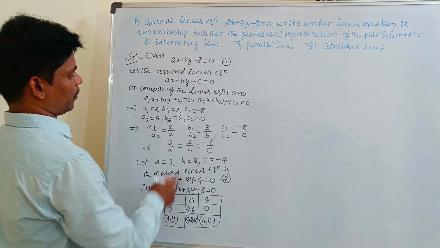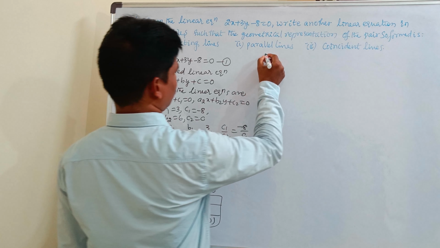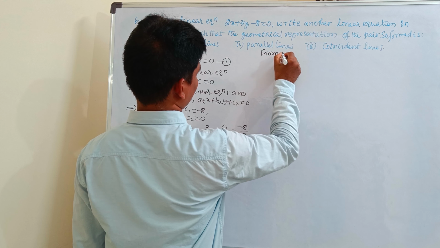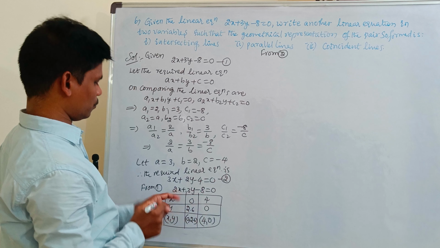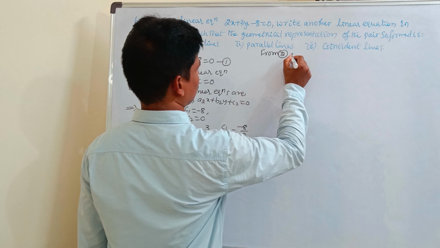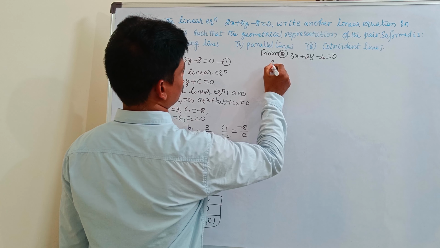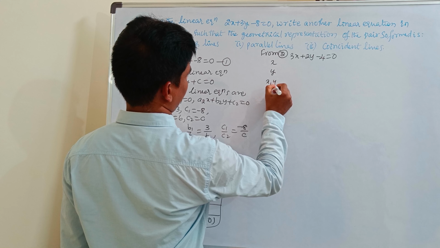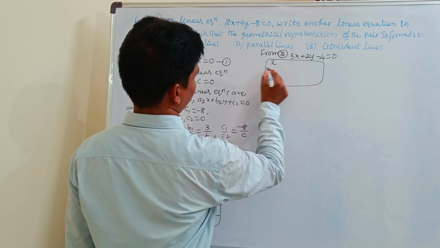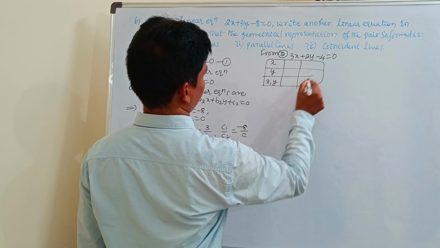Okay, next from equation 2: 3x plus 2y minus 4 is equal to 0. Here also take two solutions.